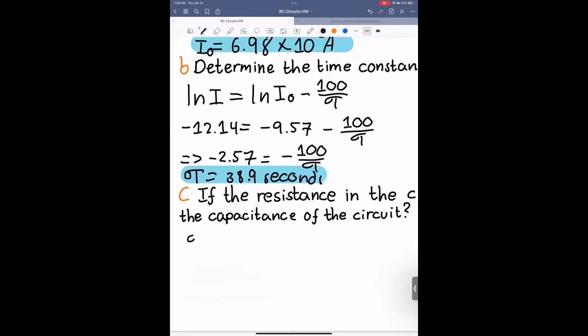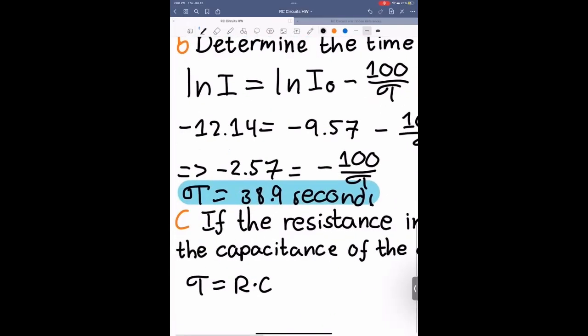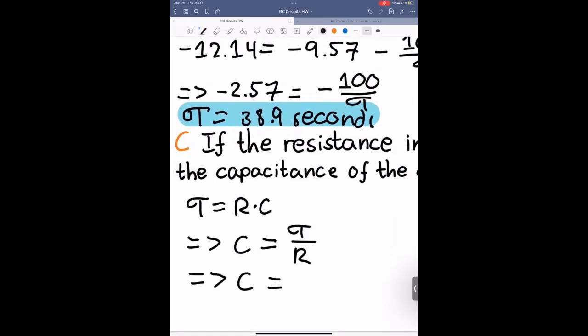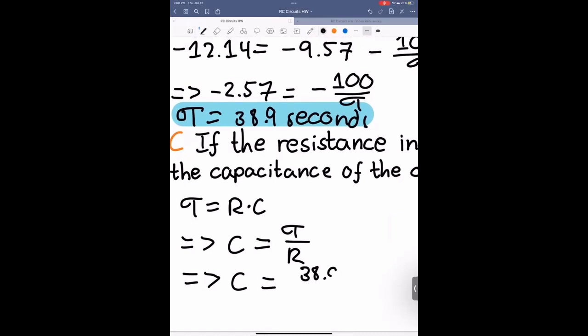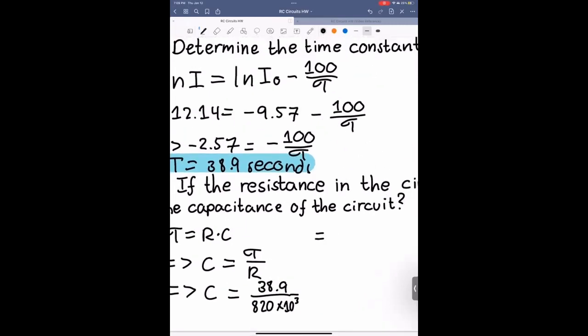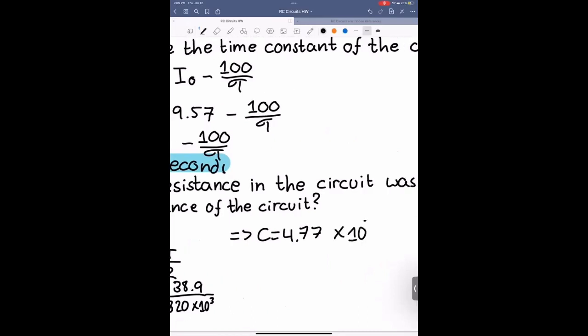If you remember, tau, the time constant, equals R times C. And since we know both the resistance in the circuit and the time constant, which we just got, 38.9 seconds, all we need to do is solve for C and plug in our value for the time constant, 38.9 seconds, over the value of the resistance, 820 times 10 to the power of 3. Plug that into your calculator and you get 4.77 times 10 to the power of negative 5 farads.